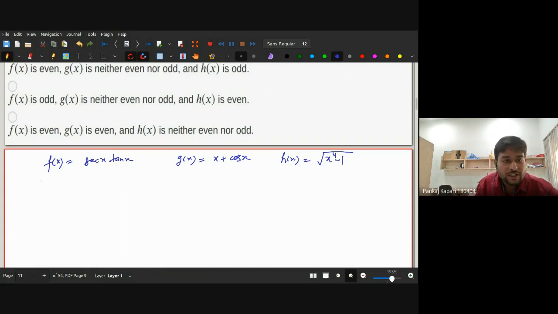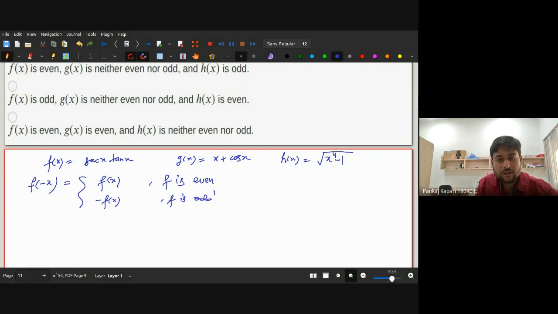So what is an odd function? You just replace x by minus x and you see what happens. If this turns out to be f(x), then we say that f is an even function, and if this turns out to be minus of f(x), then we say that f is an odd function. Now for sec x tan x, what do we have?